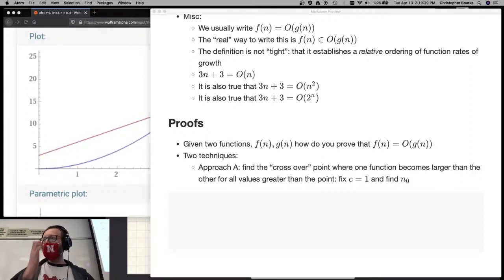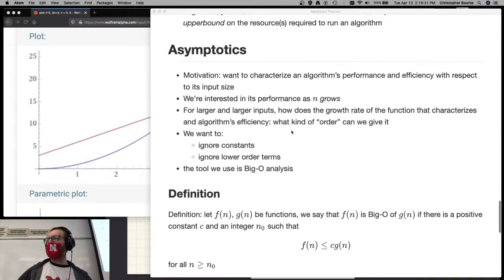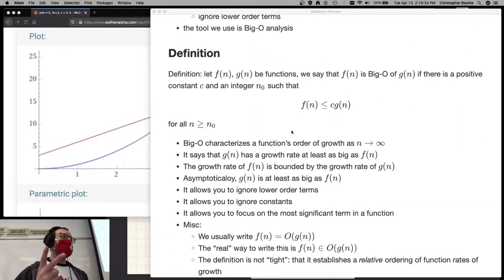Right? Remember, in the definition up here that I'll scroll back up to, we have two variables that we have to find. f and g are given to us, and we have to find a C and an n naught such that this inequality holds for all n greater than or equal to n naught. So the idea here is, since you have two variables, fix one of them and find the other.